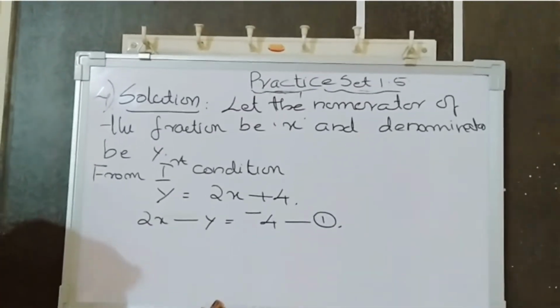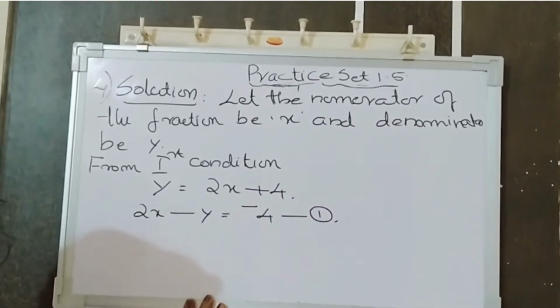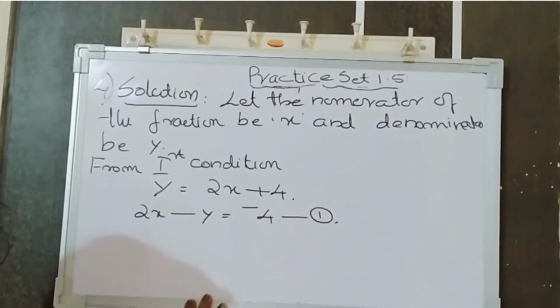And from the second condition, here 6 is subtracted from both the numerator and the denominator.